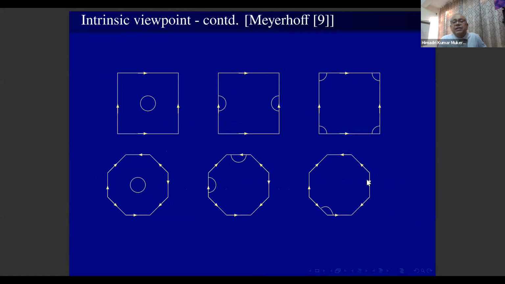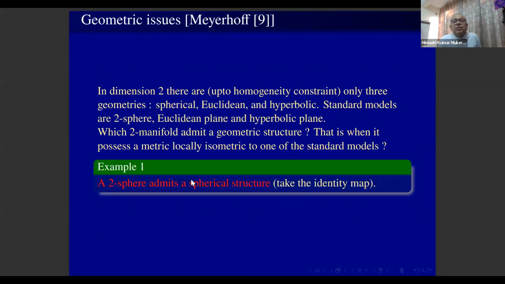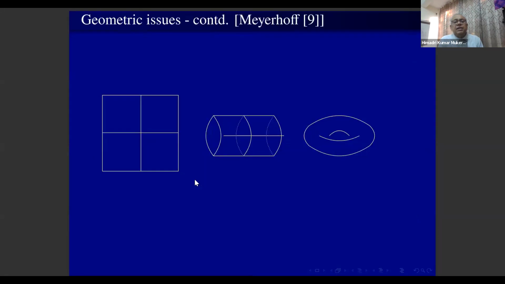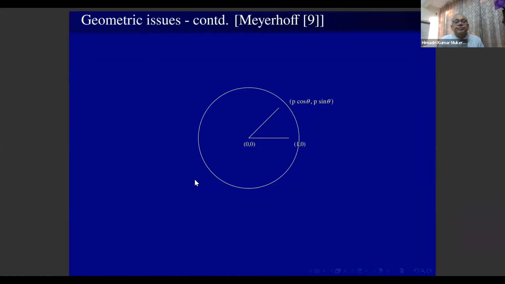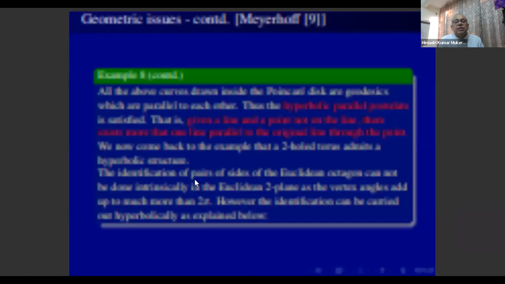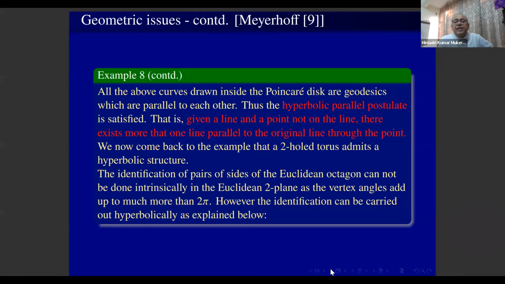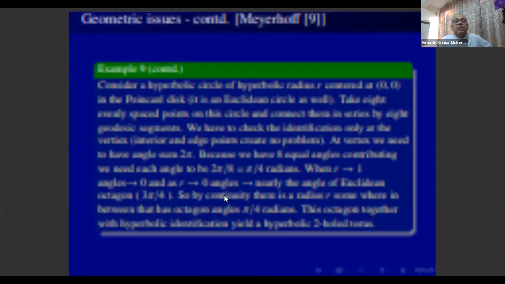If you add up these angles, they will be much more than 2 pi. So you will not be able to intrinsically identify in the two-dimensional plane. However, the identification can be carried out hyperbolically as explained below.